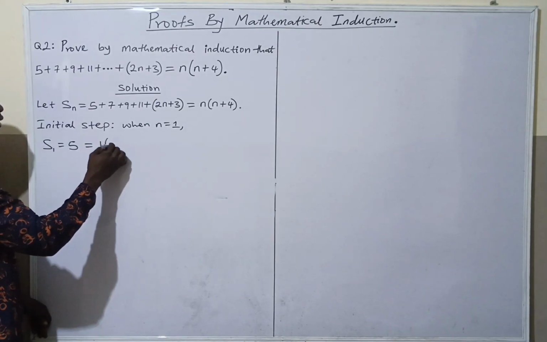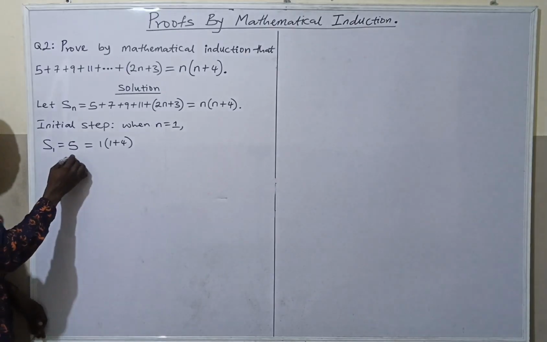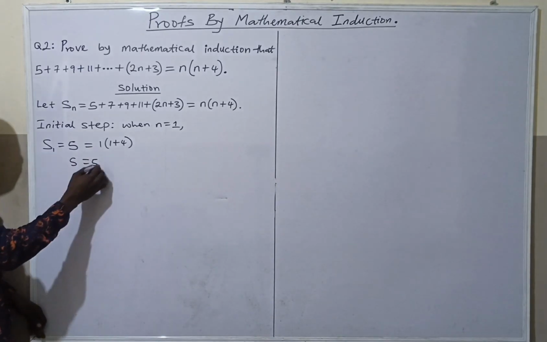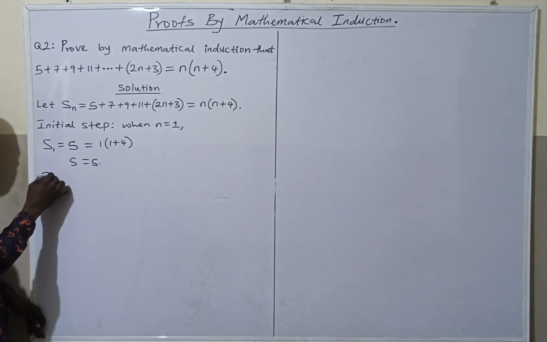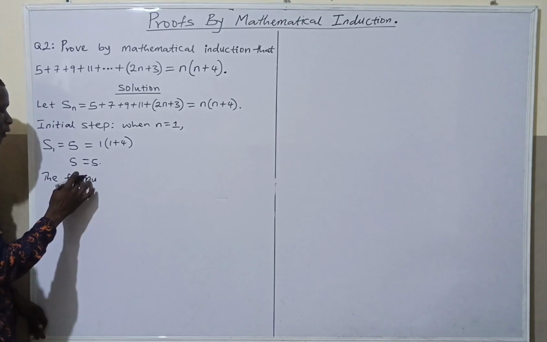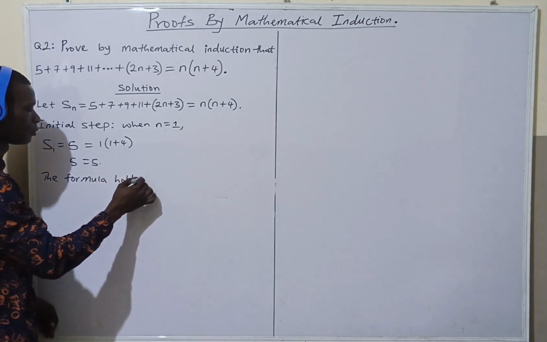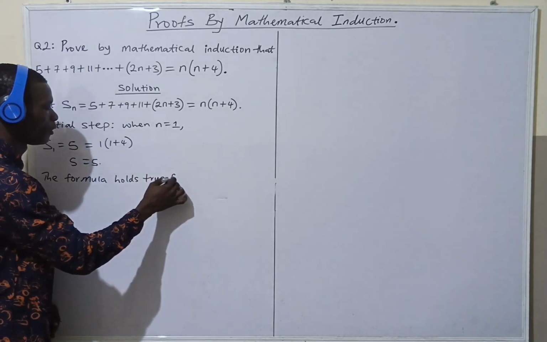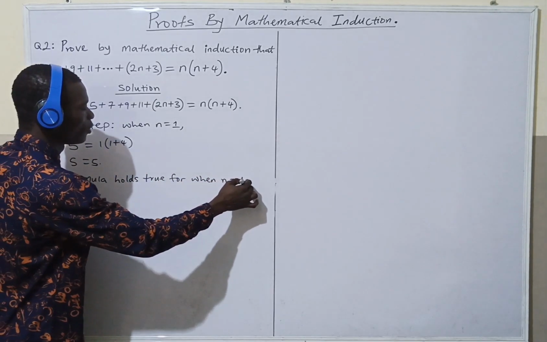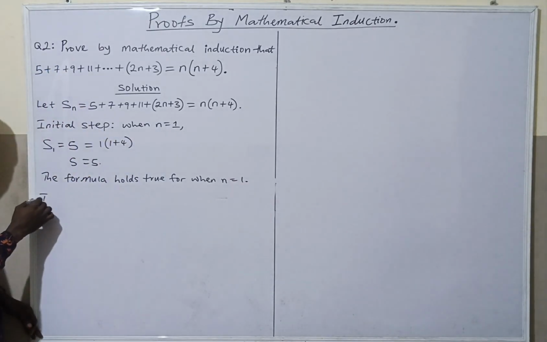That's going to be 1 bracket open 1 plus 4, and of course 1 plus 4 is 5. 5 times 1 is going to be 5. So we say the formula holds true for when n equals 1. Okay, so inductive step.